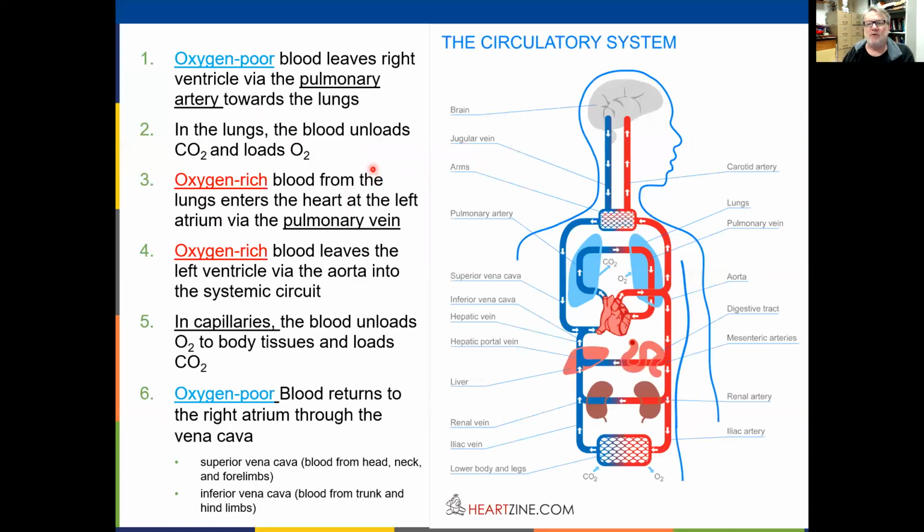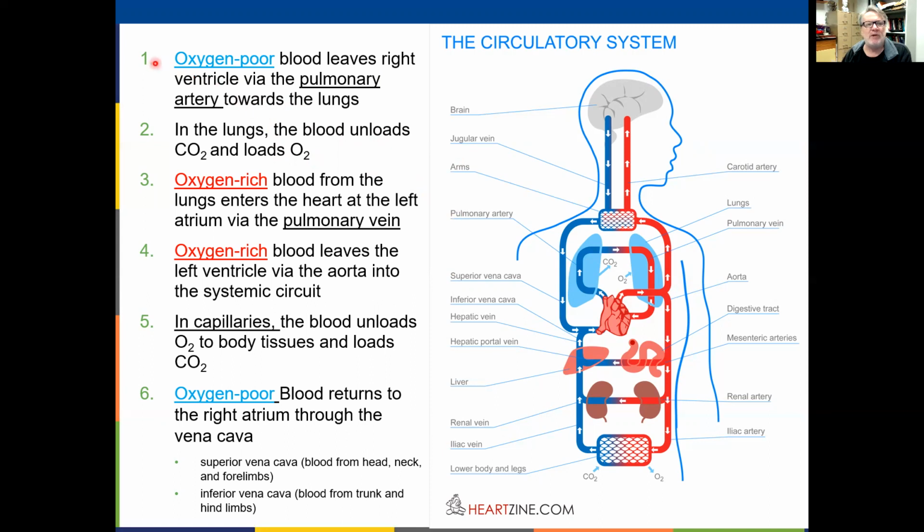Now, if we look at the double circulation system, the pulmonary circuit and the systemic circuit, we can follow through this entire circuit. But being a closed circulatory system, we have to decide on where to start.